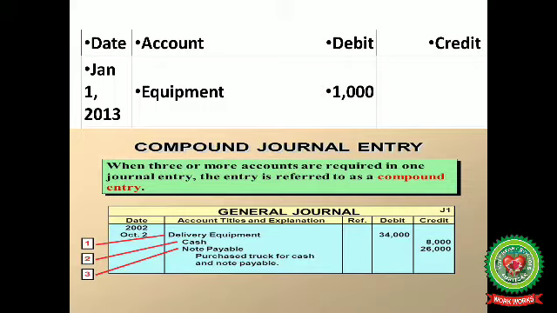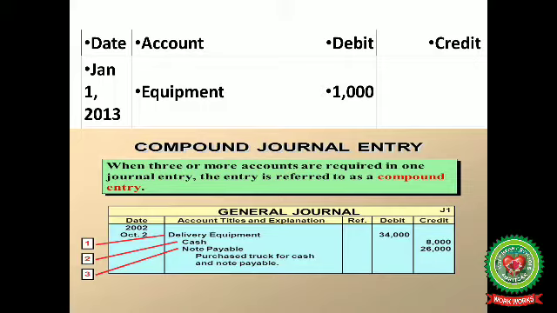So here is another example which will help you to clarify the concept of compound journal entry. When 3 or more accounts are required in one journal entry, the entry is referred to as a compound entry. See, in this example, delivery equipment is there, cash is there, notes payable is there.